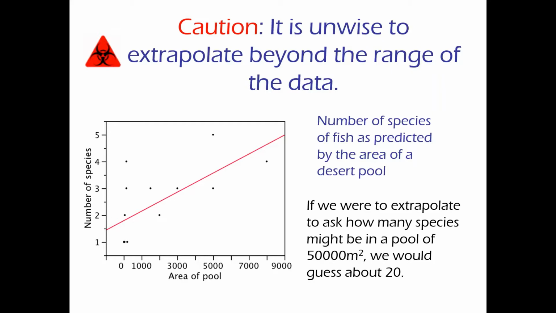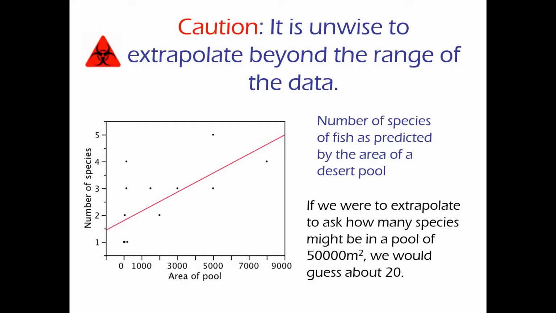Even if they remain linear, extrapolating beyond the range may still result in numbers which may not make sense in the real world. For instance, here we have a regression line where the number of species of fish is predicted by the area of a desert pool. The data goes up to around 9,000 square meters for the area of the pool.